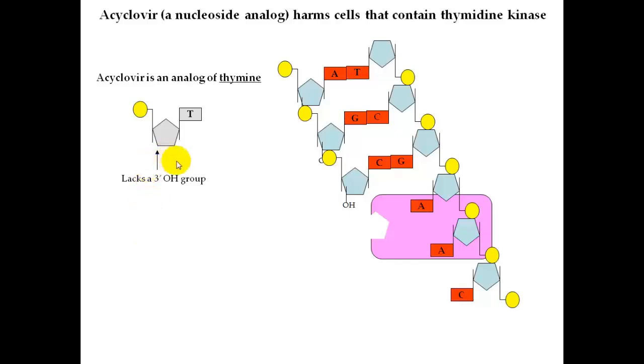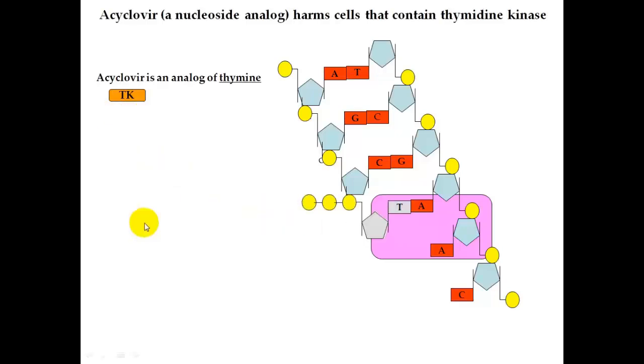Right? So if there is thymidine kinase inside of that cell, and again, there's a lot more thymidine kinase in cells infected with viruses as compared to healthy cells, that thymidine kinase will place 2 additional phosphates on that acyclovir molecule. That would then allow that acyclovir molecule to become inserted into the virus's growing DNA. Those 2 additional phosphates will allow this phosphate to stick to that sugar group.